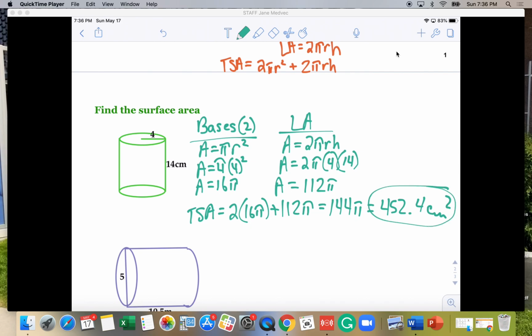So that's how I'd like you to handle those rather than just memorizing a formula, because you don't always have that formula there for you, but you can produce the formula easily by working through the problem.